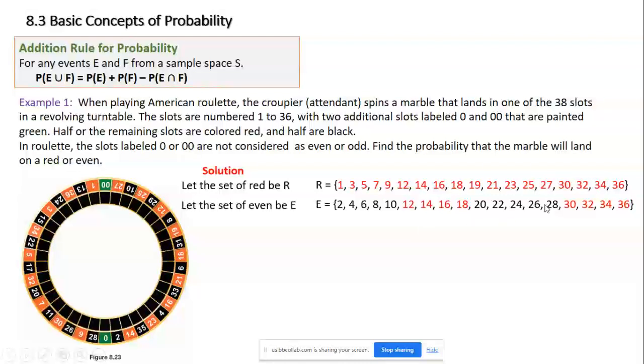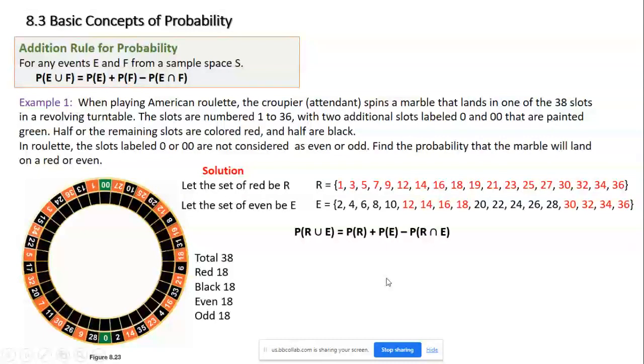I love what Mr. Isasi did right here. The ones in red are duplicates, right? These are the ones that we're going to subtract. These are our intersection values. So when we're looking at our formula, the event of it being red or even is P(R) plus P(E) minus the intersection.